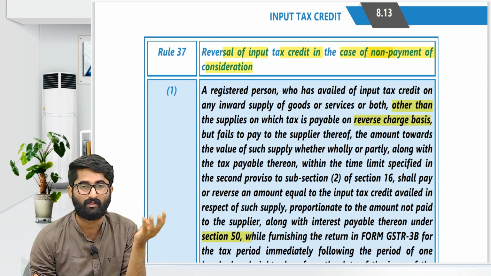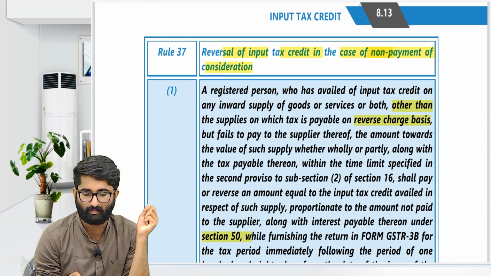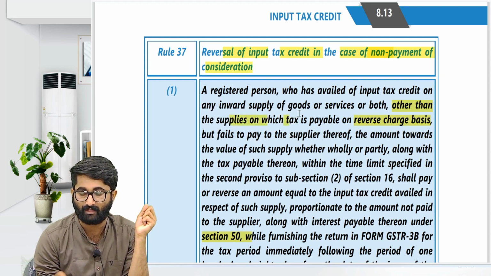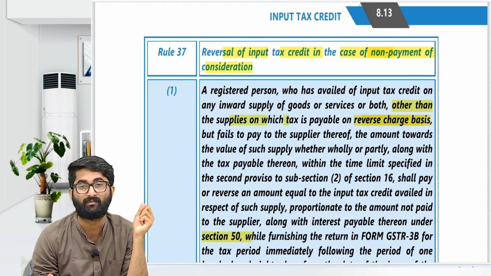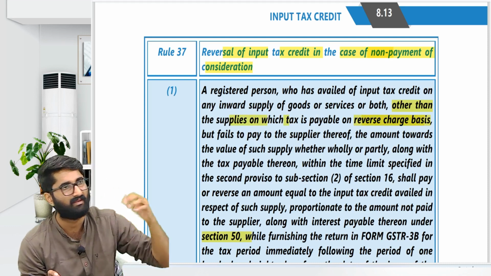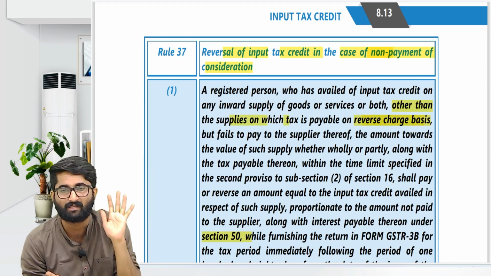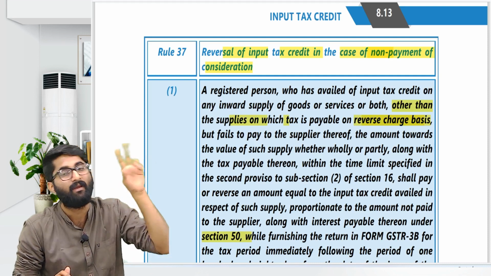So in case of inward supply of goods or services or both, if I don't pay the amount to the supplier, other than supplies taxable under reverse charge. If it is reverse charge, I don't have to pay the supplier, I will pay directly to the government. In that case, that is fine. I can take the ITC because I will pay and take the ITC.